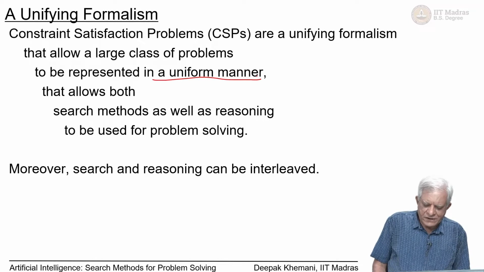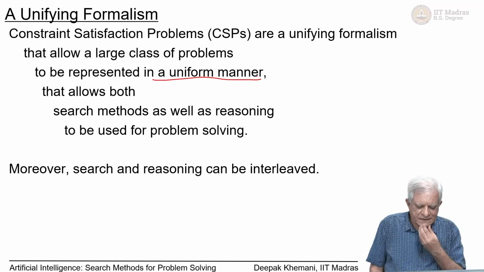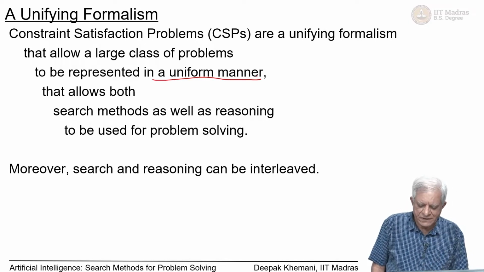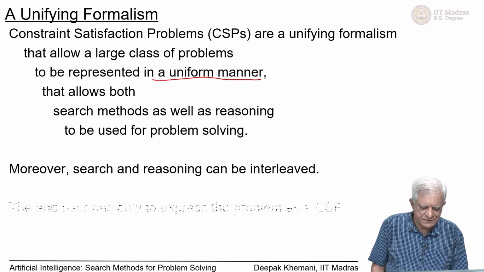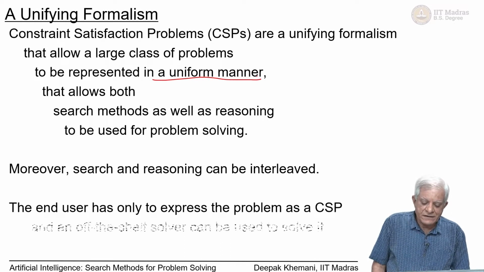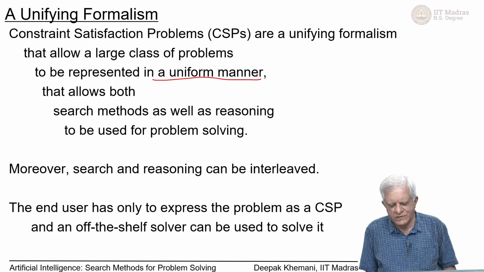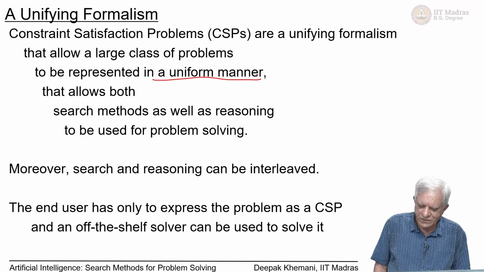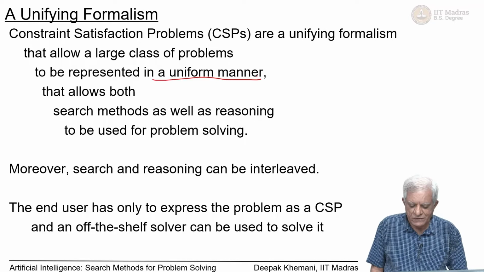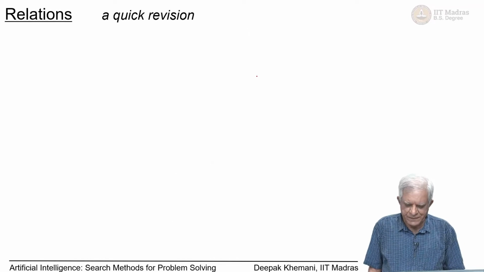As we will see today, search and reasoning can be interleaved. When you are working with general solvers, then the end user has to only express the problem in the formalism that you are using for posing the problem. In our case, it is going to be a constraint satisfaction problem, or CSP as we call them, and then some off the shelf solver can be used to solve it essentially.